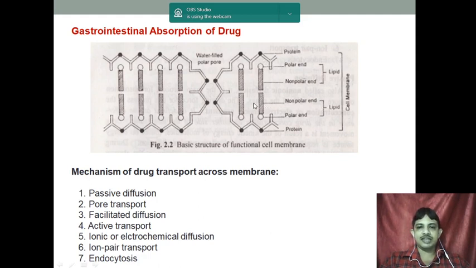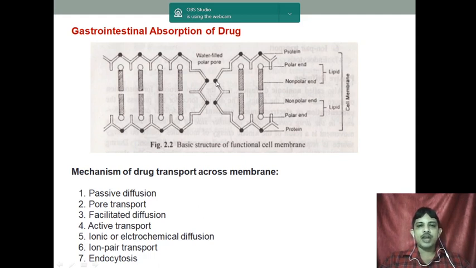The non-polar end is lipophilic, lipid in nature, and the outer portion is polar in nature. Due to this particular structure, it is known as a sandwich-like structure. And there are water-filled pores, as the lipids I have already told you about. So this is the basic structure.